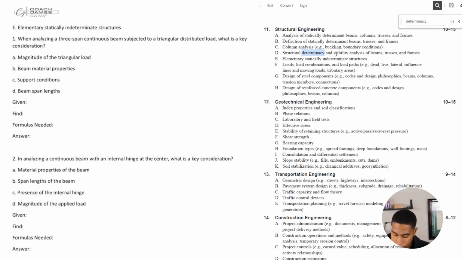Number 1 says, when analyzing a 3-span continuous beam subject to a triangular distributed load, what is a key consideration? Okay, so what information are we given? Well, we're given that it is a triangular distributed load, right?